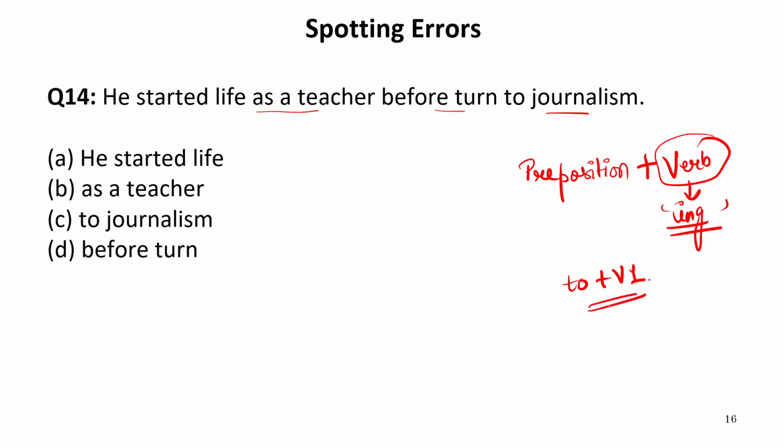With to we use first form of verb, but after any other preposition we use verb with ing. Now this before is a preposition after which we need verb with ing, so this turned should be replaced with turning. So error is in part D, as we can see this word is written in part D, so our answer is D.